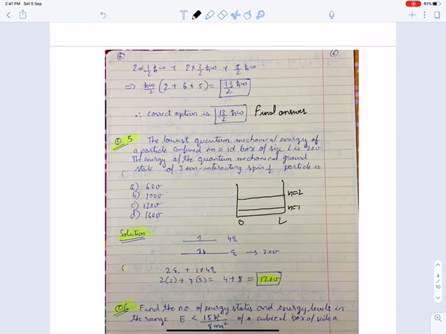Again 2s plus 1, so 2 into half plus 1 becomes 2, so only 2 electrons can be accommodated in one state. So I can do this and this. Here n square pi square h cut square upon 2 m l square is given by 2 electron volt.